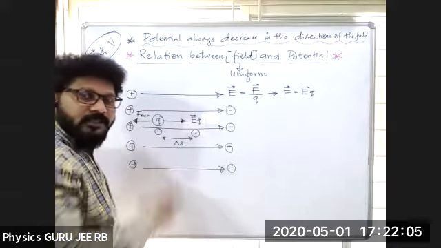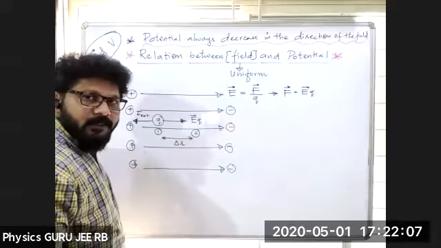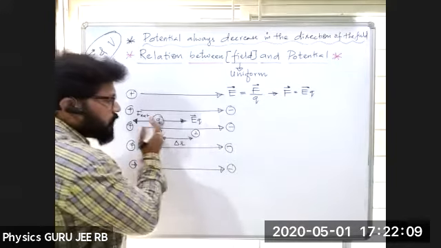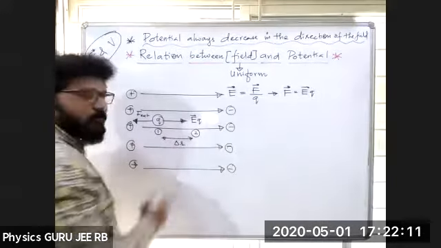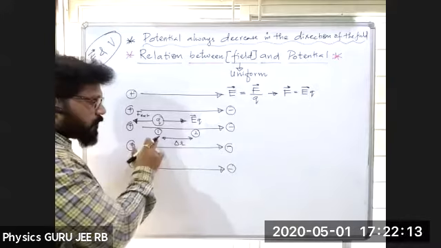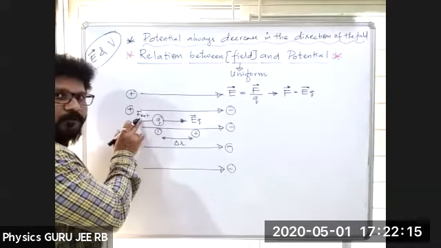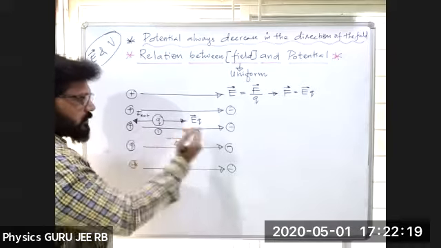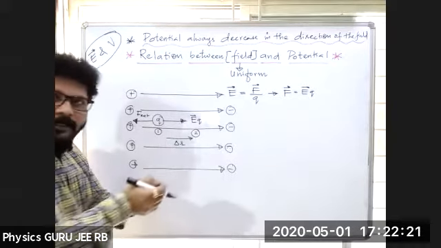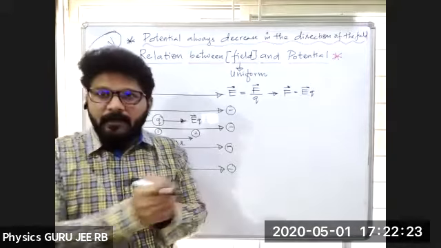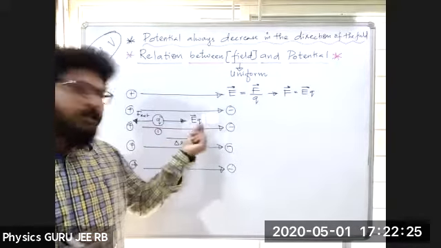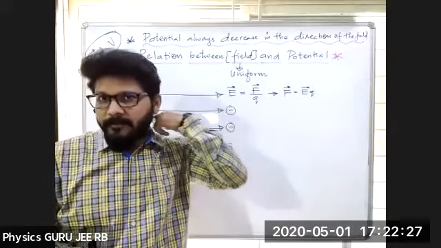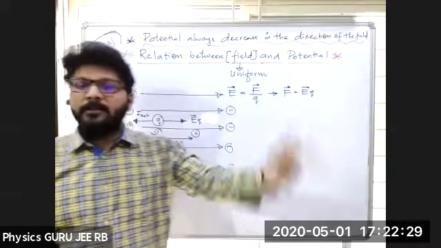When net force becomes 0, acceleration will become 0. Then it will move with uniform velocity from one point to the other, from 1 to 2. See, external force and displacement are opposite in direction, right? So I'm holding that with a certain force in the backward direction, and in this direction there is a force. The force is due to what? Electrostatic force.